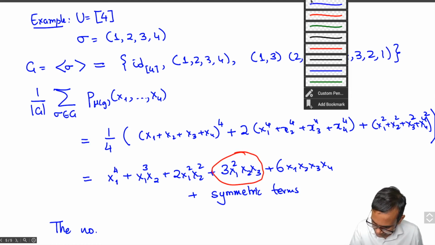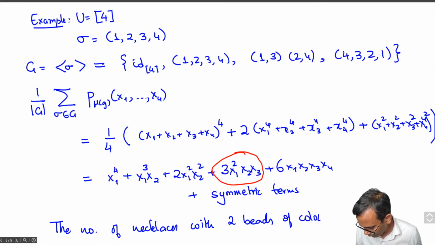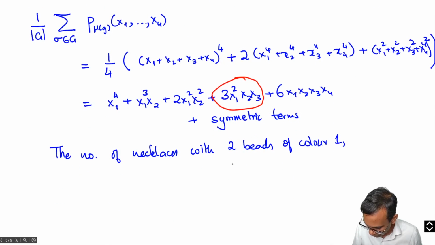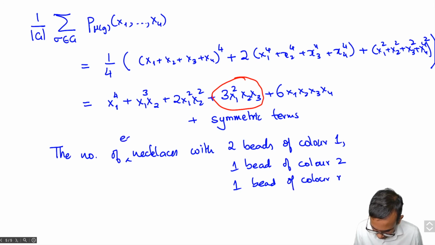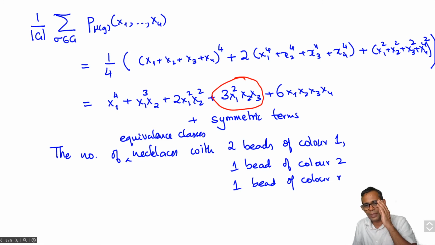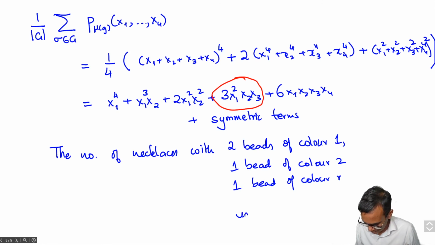The number of necklaces with 2 beads of color 1, 1 bead of color 2, and 1 bead of color 3, and what I mean is equivalence classes of necklaces, a necklace is an equivalence class, is 3.